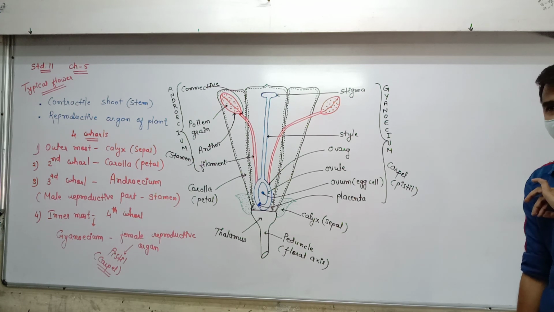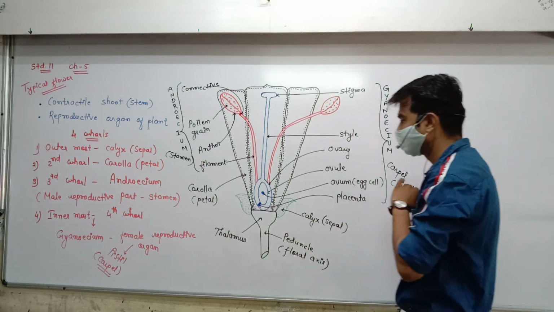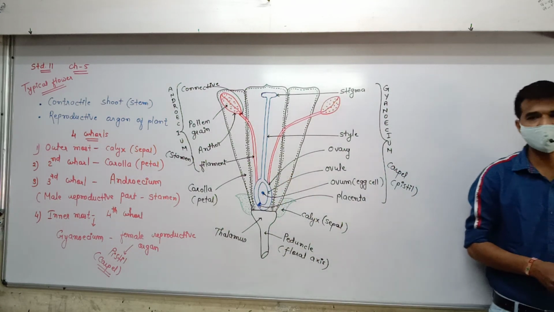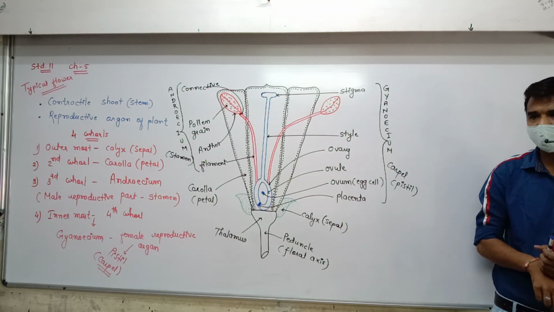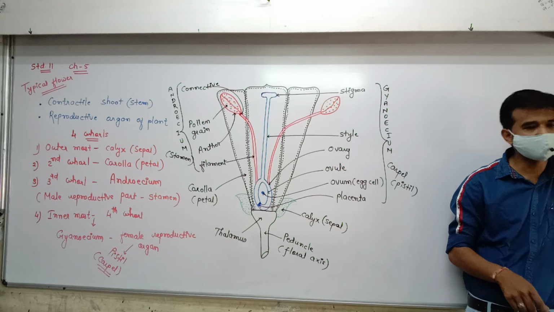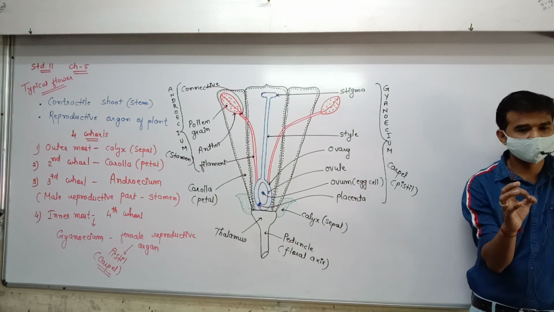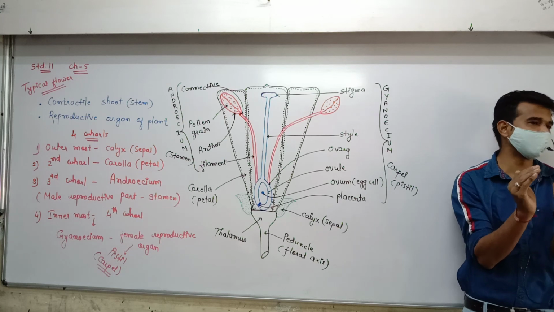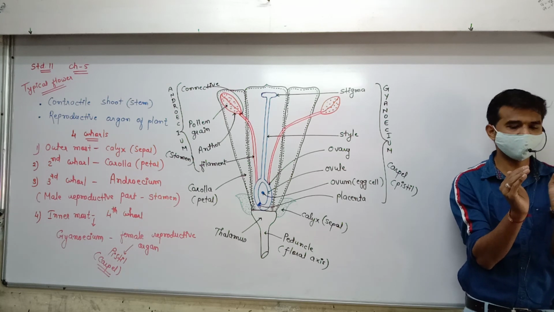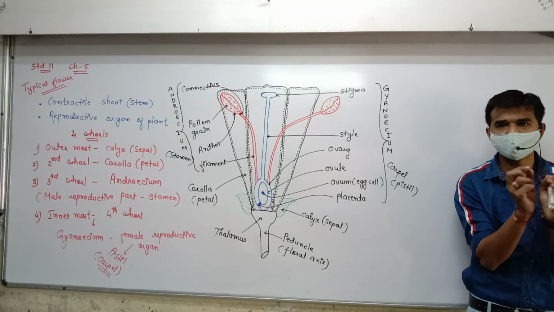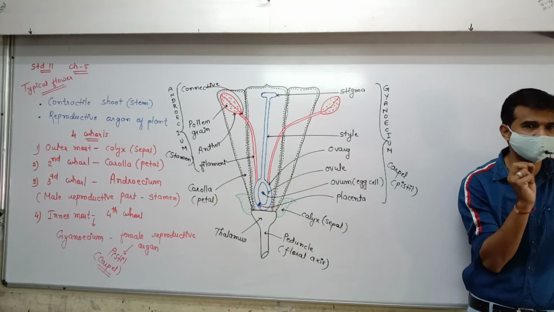The proximal part, the swollen part, is known as the ovary. The ovary contains ovules. The swollen, bag-like structure is known as the ovary, and inside the ovary the ovule is there, and inside the ovule the ovum or egg cell is there.